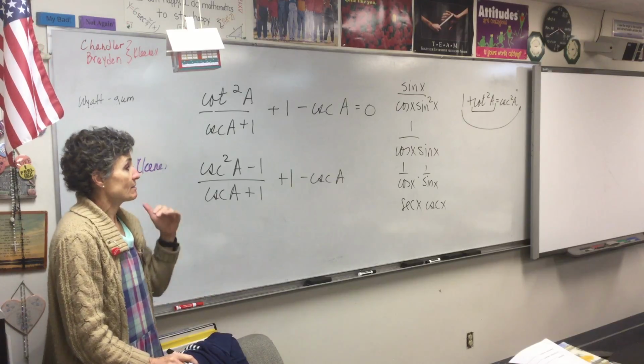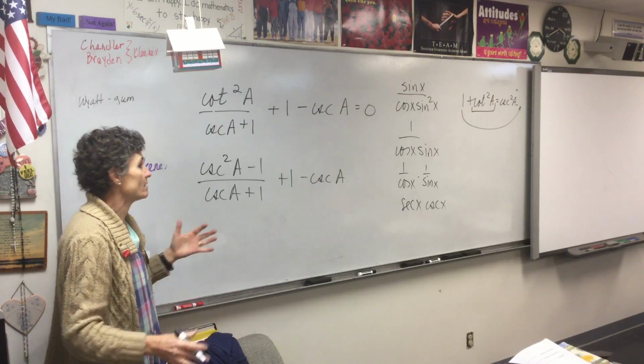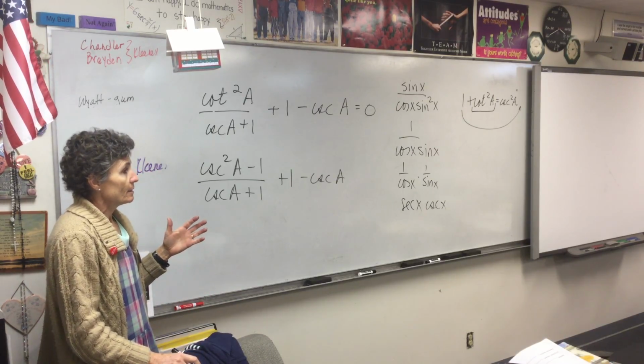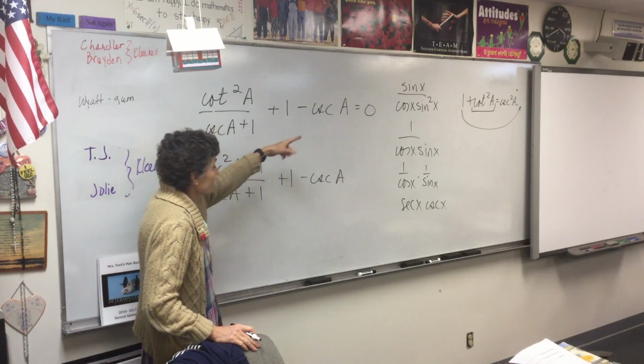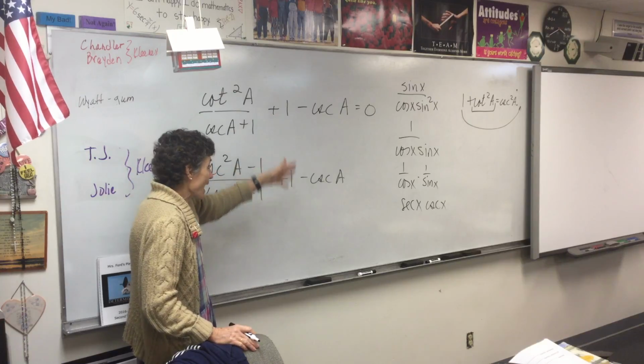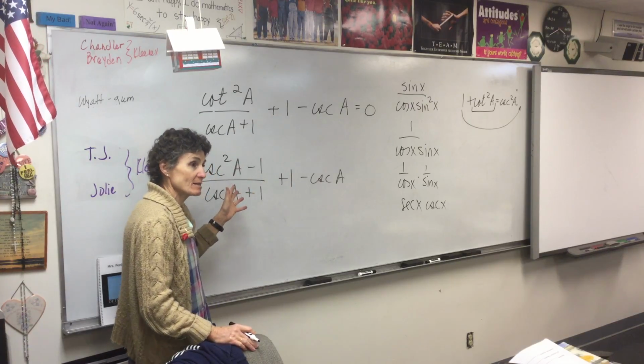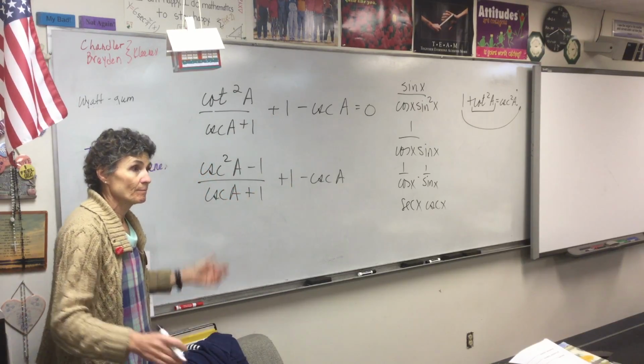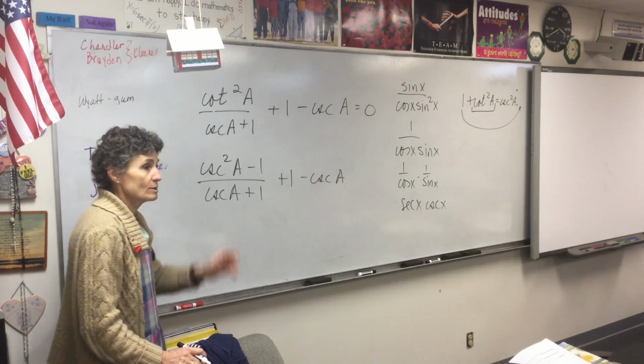And again, it's very logical. This isn't just some random thing we're making up. We know all this has to cancel out to be 0. So if you want to start adding and subtracting things and making them cancel out, they have to be like terms. So we'll just make everything a cosecant.